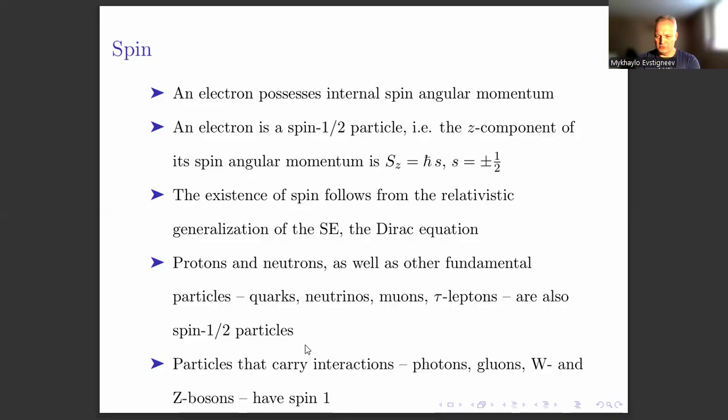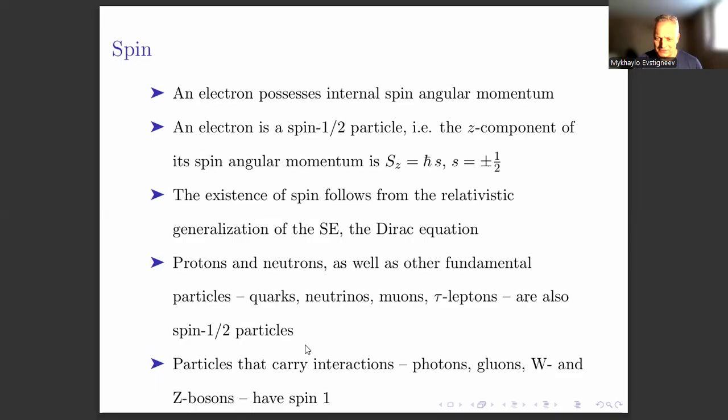Very, very loosely speaking, you can think of an electron as maybe a little ball which rotates around its axis. But this is a very inaccurate picture because an electron is not a point particle which is localized in space. You cannot say where the electron is. It is spread out in space.